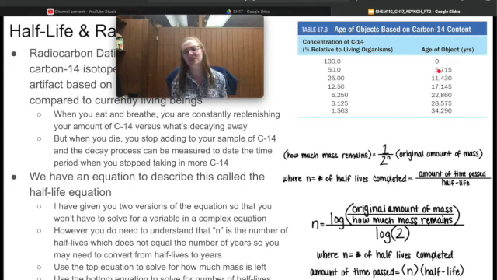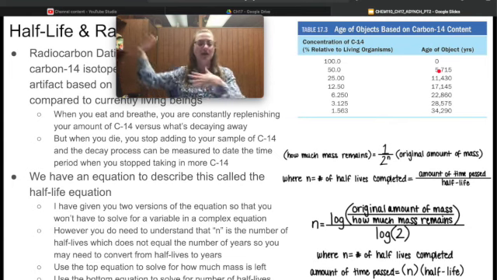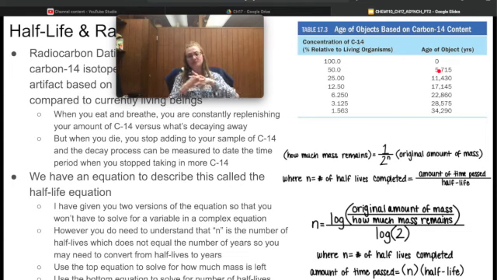It's 5,715 years. It's also why carbon dating is relatively useful for us, because it has such a long half-life that we can measure these samples and go back years and years and years and still be able to find and measure carbon-14 in these samples. It has a relatively long half-life, but not so long that it's immeasurable, like the half-life of thorium-232 being 14 billion years.